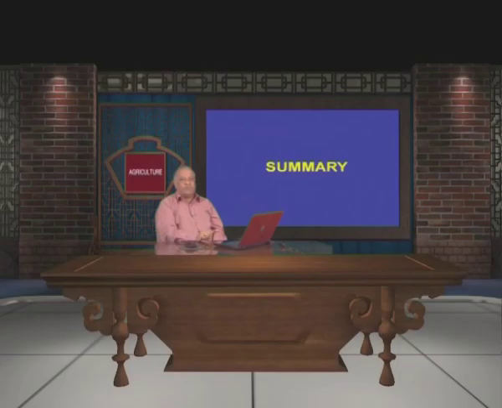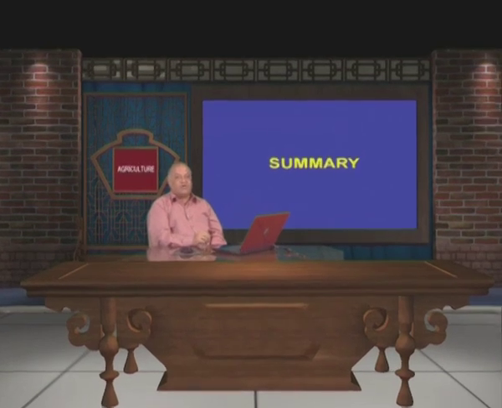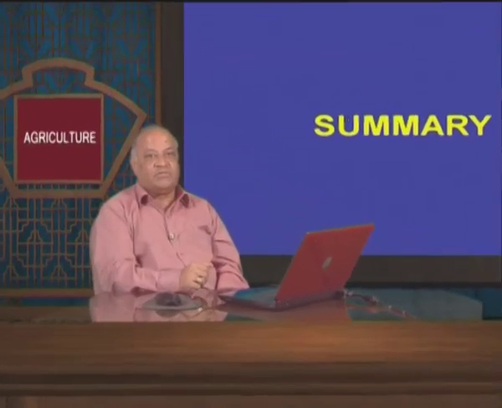We discussed different types of symptoms caused by bacterial disease in plants, and we also tried to find out how we can diagnose the plant diseases caused by different types of phytopathogenic bacteria in plants.